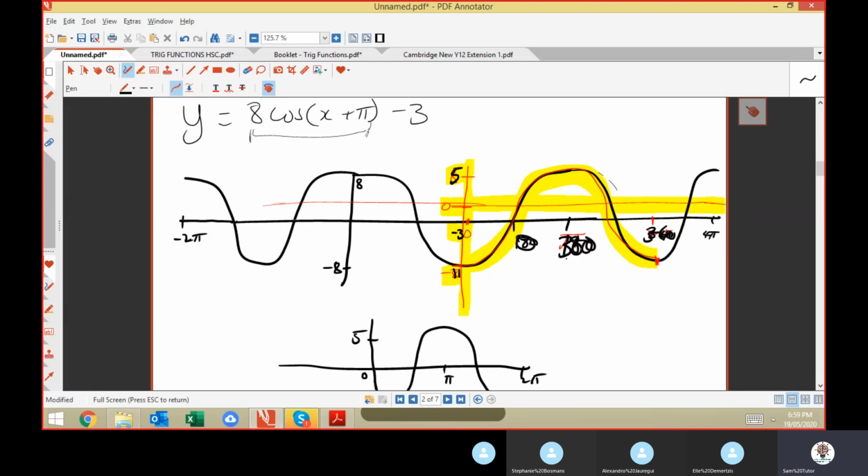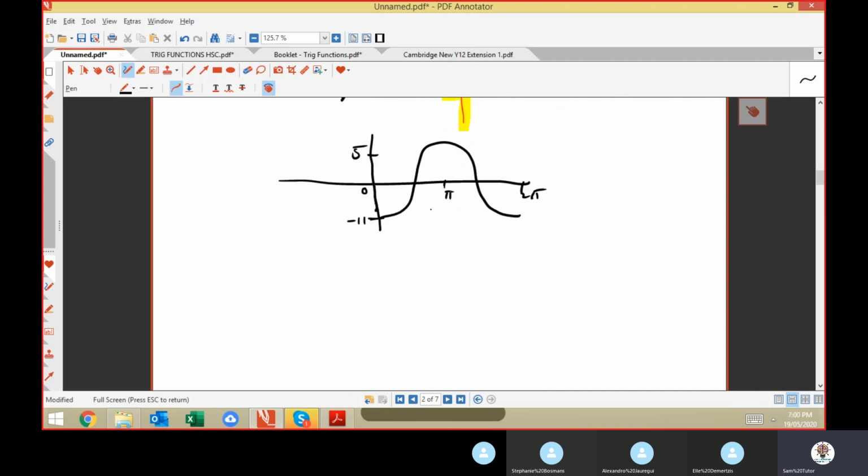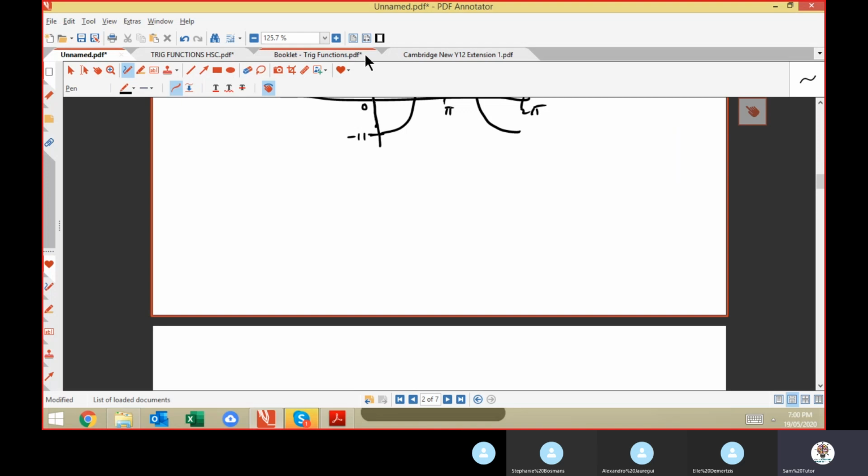So it's a lot easier to see than this way. But anyways, you get the idea. It's a lot easier with degrees than with radians, in my opinion.